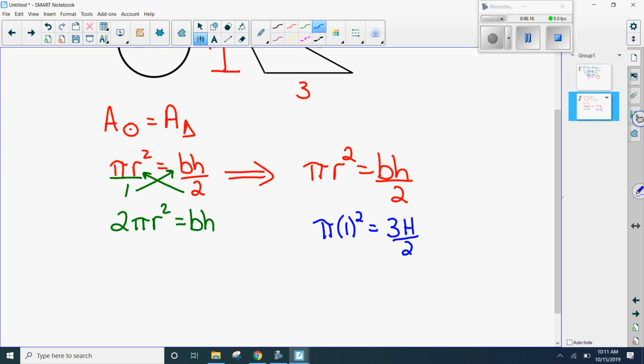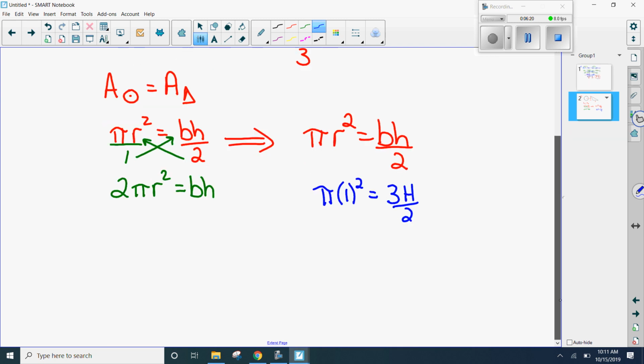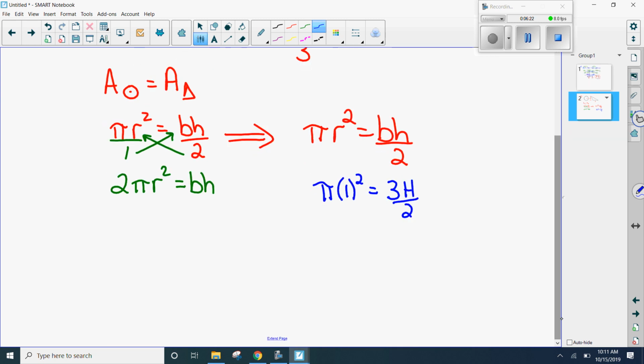But when you look at it as the fractions, then people get a little confused. Sometimes, some people don't. So you have 1 squared is 1 times pi is just going to be pi is equal to 3h over 2. Do you know how you would solve that right there?